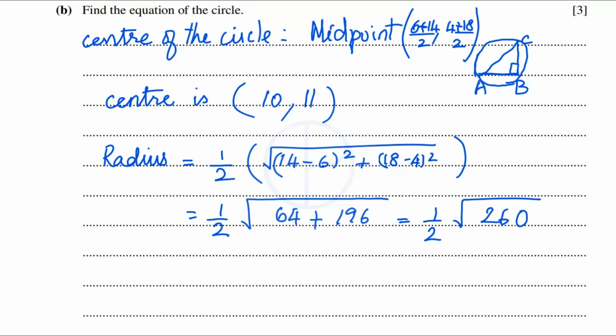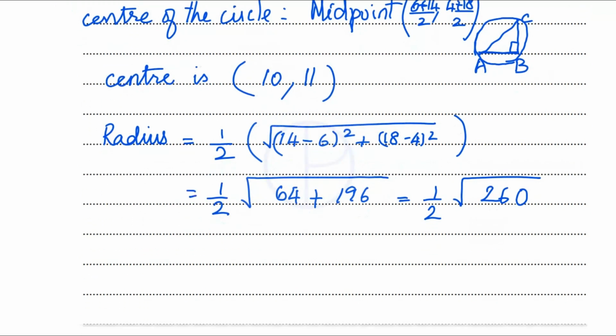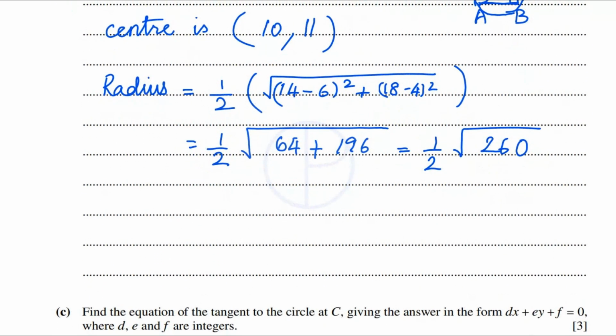Okay. Can we simplify this radius? Okay, let it be, because in the circle equation we will get r square.